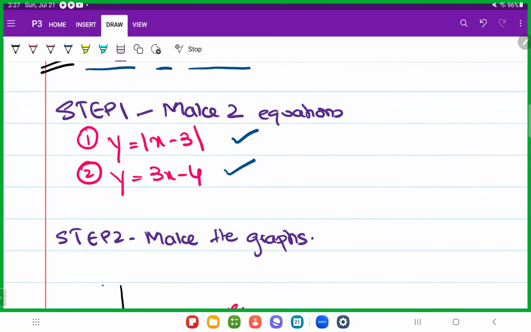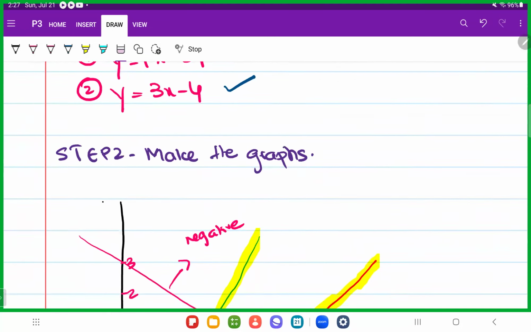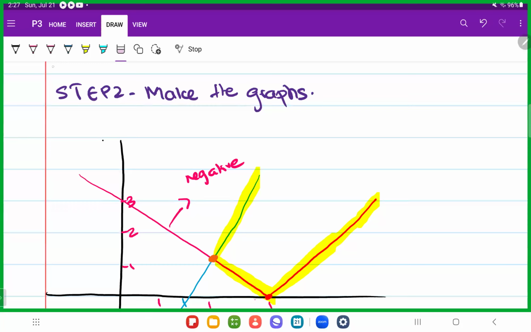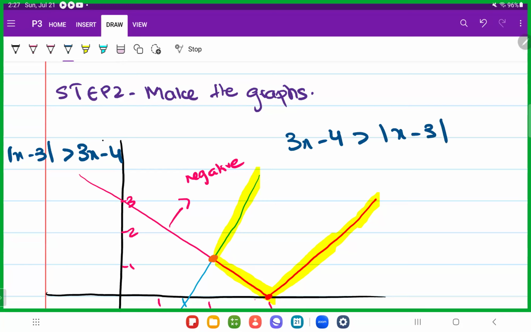This region, |x - 3| and 3x - 4. So in this region, |x - 3| is greater than 3x - 4, right? And in this region, you can clearly see that this is my linear equation and this is my modulus. So the linear equation, which is 3x - 4, is greater than |x - 3|, right? So this is what you need to figure out.